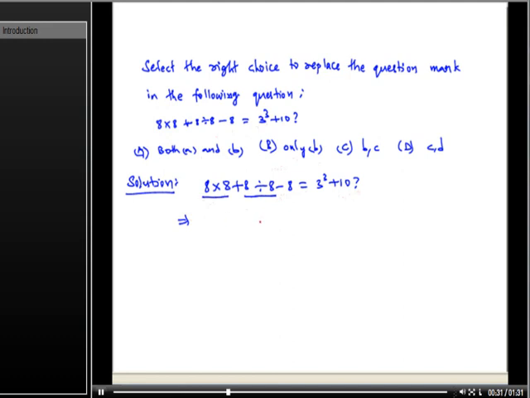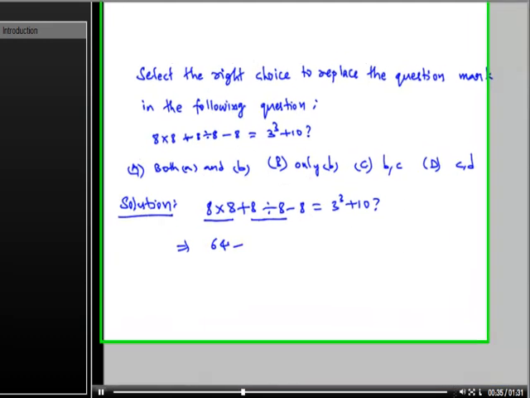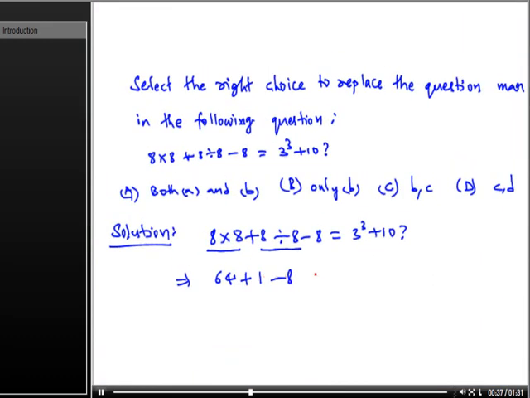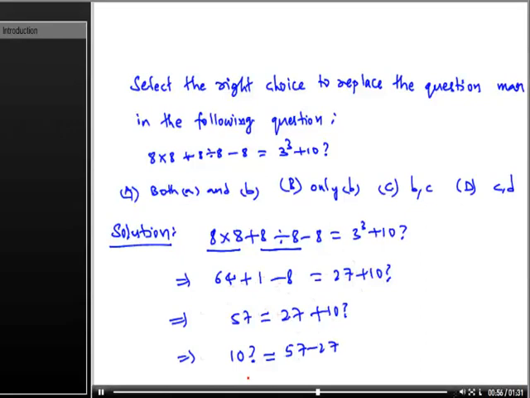Therefore 8 divided by 8 will give you 1 and 8 into 8 will give you 64. 64 plus 1 minus 8 is equal to 3 cube, which is 27, plus 10 question mark. This implies 64 plus 1 is 65, minus 8 will be 57, is equal to 27 plus 10 question mark. This implies 10 question mark is equal to 57 minus 27. This implies 10 question mark is equal to 30.